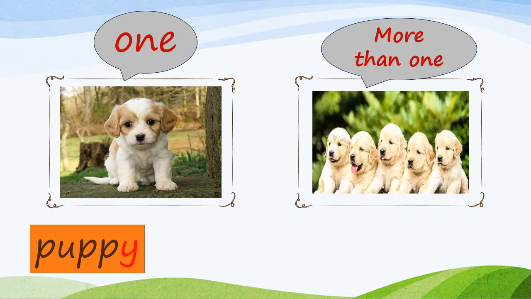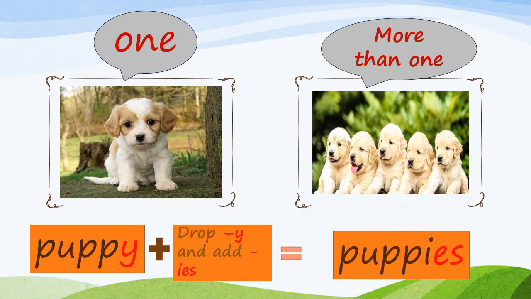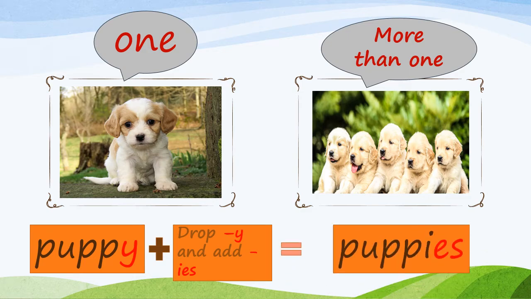So what will you do? Yes, if the letter before Y is a consonant, you drop Y and add IES to make it plural. Puppies. The plural of puppy is puppies.